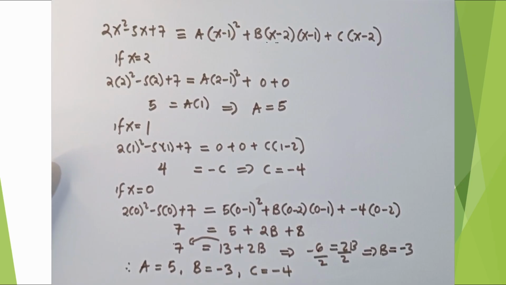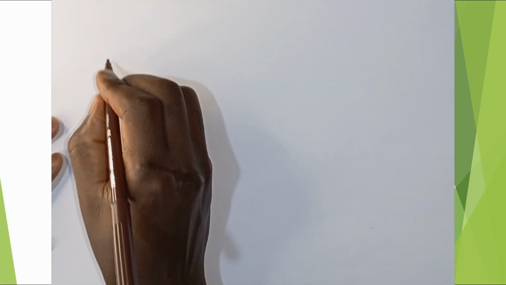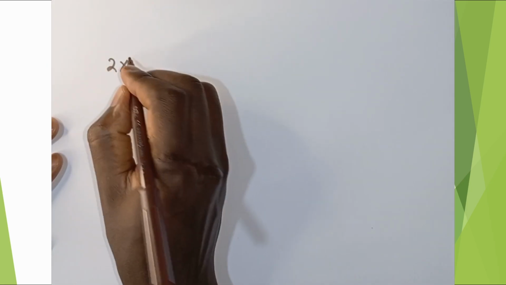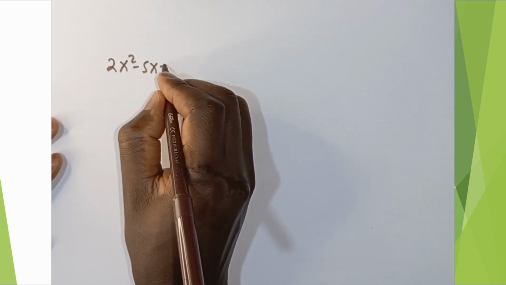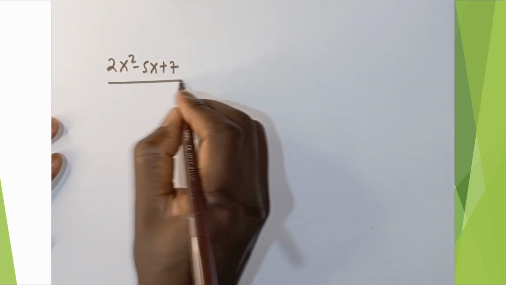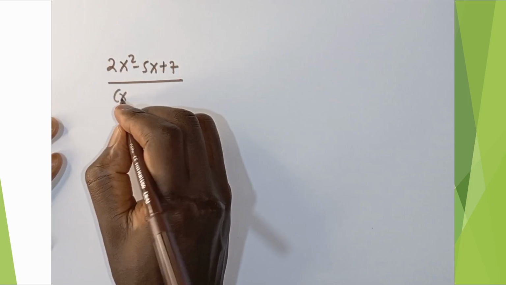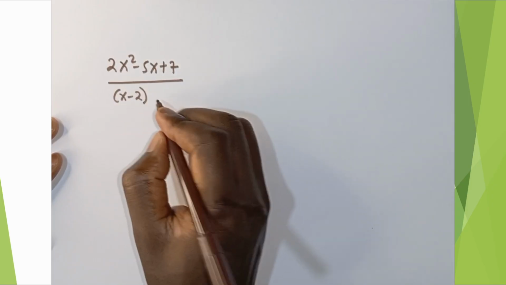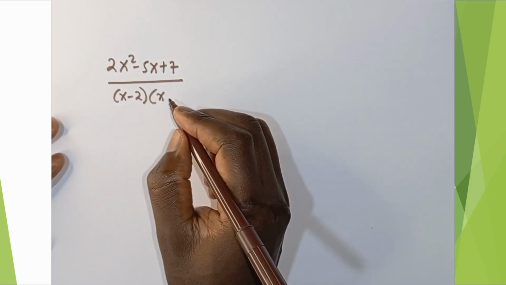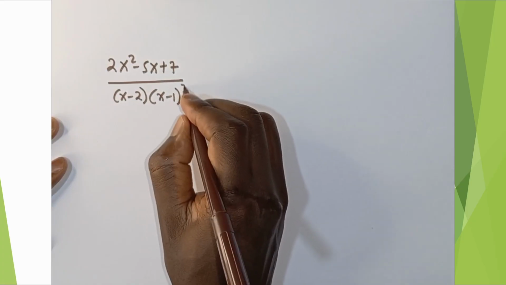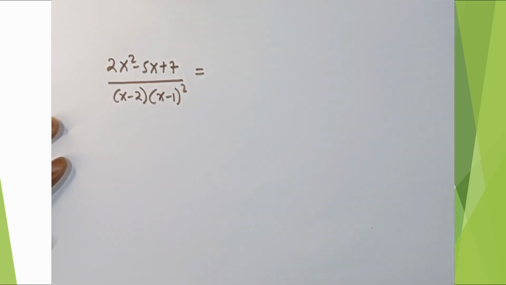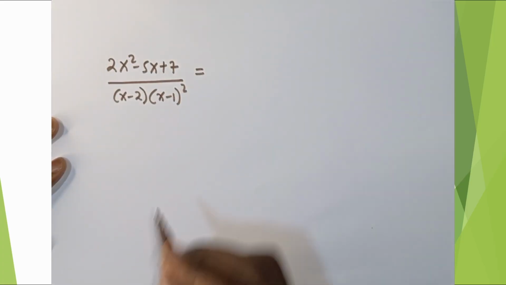Now after having them, I can go ahead and rewrite my whole partial fractions by saying that my 2x squared minus 5x plus 7 out of x minus 2 then into x minus 1 squared is now equal to, now we are writing our final answer.